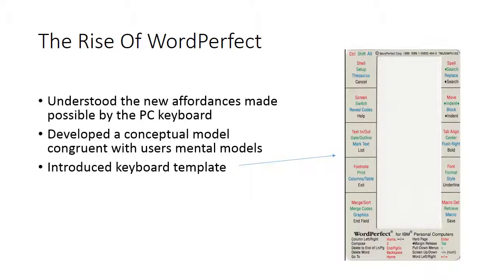But now with the keyboard template, if you notice on the right-hand side, halfway down, there's a thing that says bold. So if you want to make something bold, you just push the bold button. I remember when this happened, folks. I got to tell you, it blew my mind. It was so superior to the old word processors that we were using, just by this very simple developing of an affordance that made it possible to do things that were really more the way I expected them to happen.